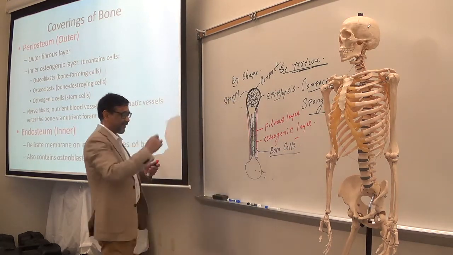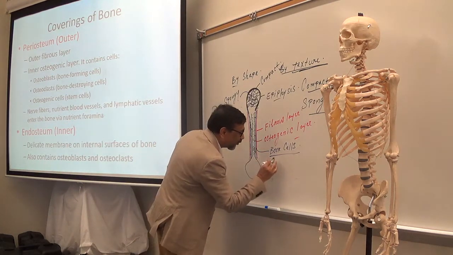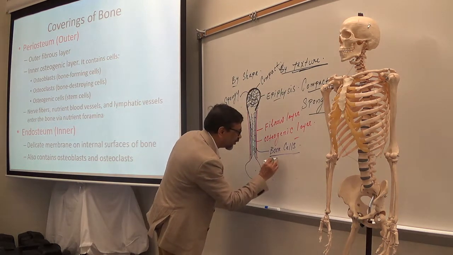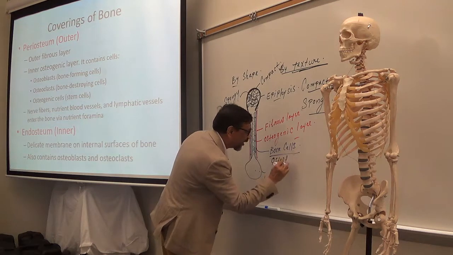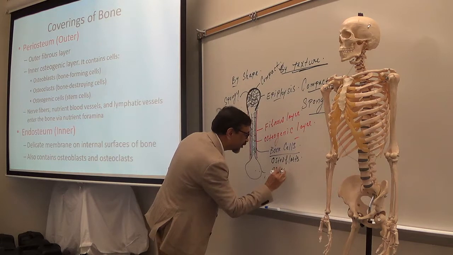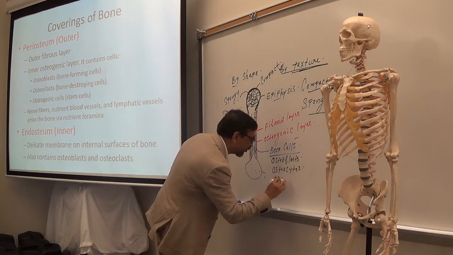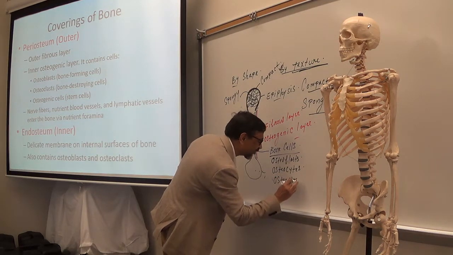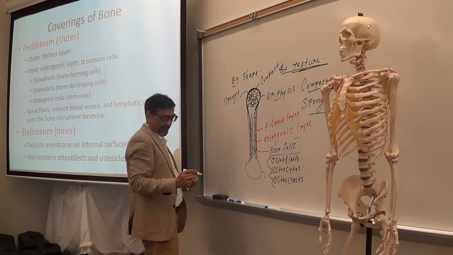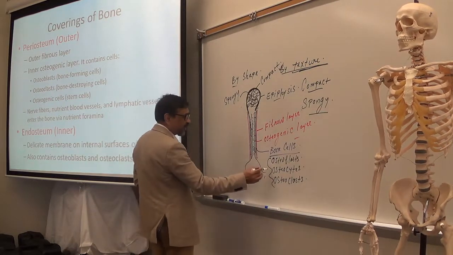And bone cells are osteoblasts, osteocytes, osteoclasts, and the stem cell that form these bone cells is called osteogenic cell.